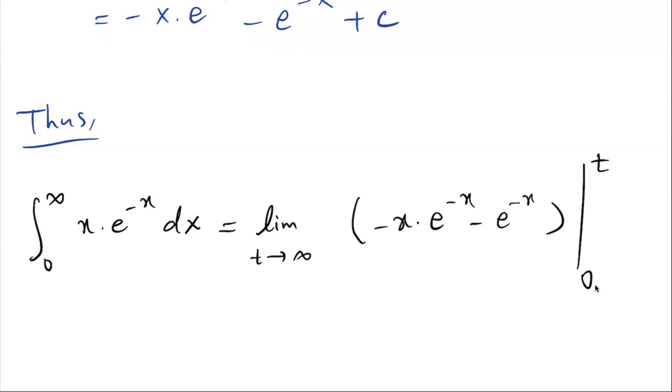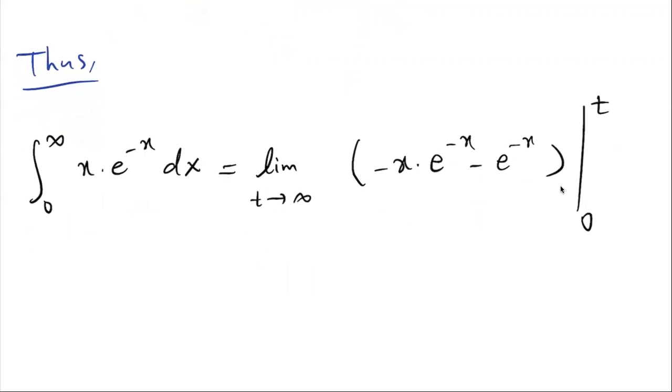The integral from 0 to infinity is the same as the integral from 0 to t, and then let t go to infinity. So I have to calculate the antiderivative of this function between 0 and t, and then let t go to infinity. So at infinity, let's calculate this limit.